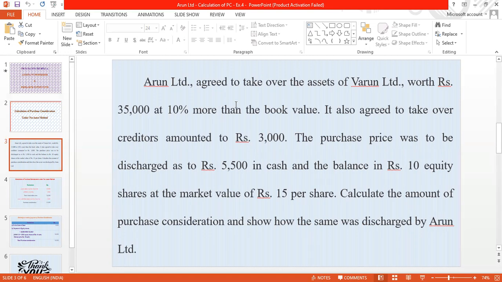The purchase price was to be discharged as to rupees 5,500 in cash and the balance in rupees 10 equity shares at the market value of rupees 15 per share. Calculate the amount of purchase consideration and show how the same was discharged by Arun Limited.